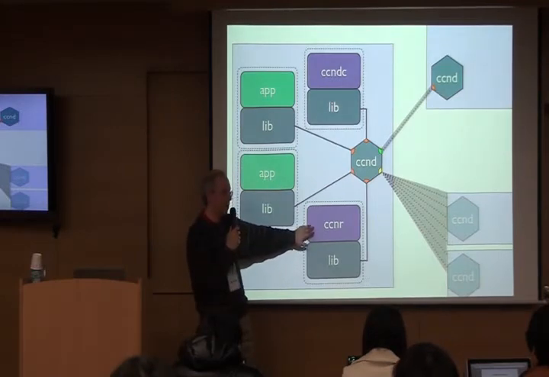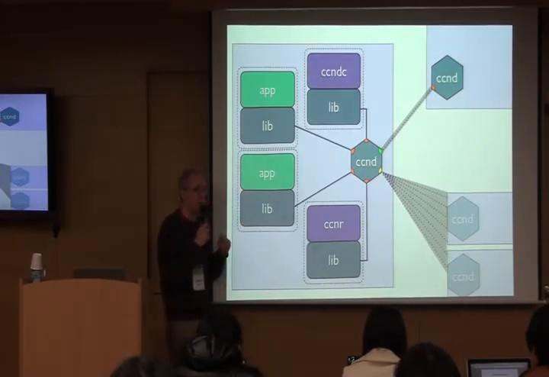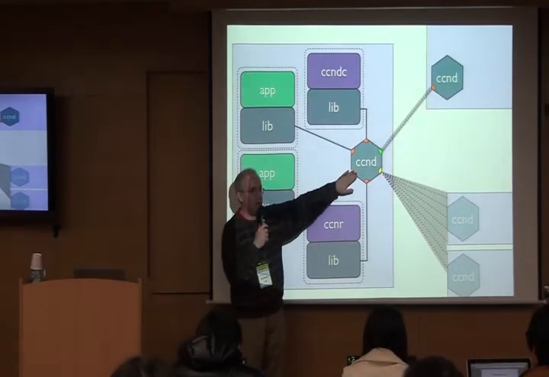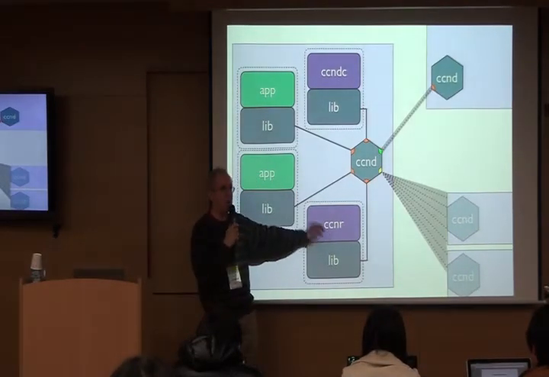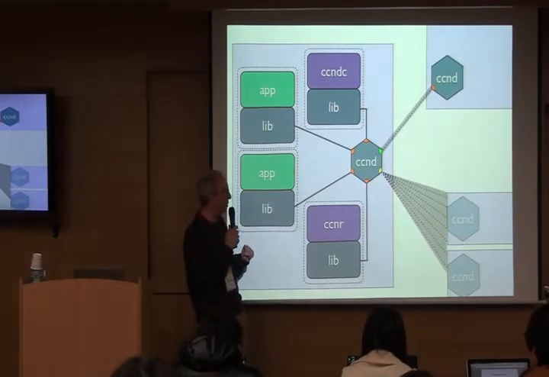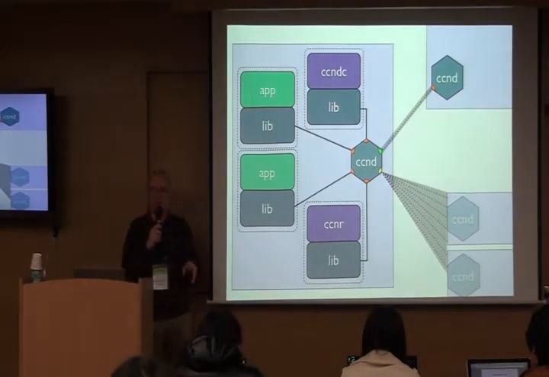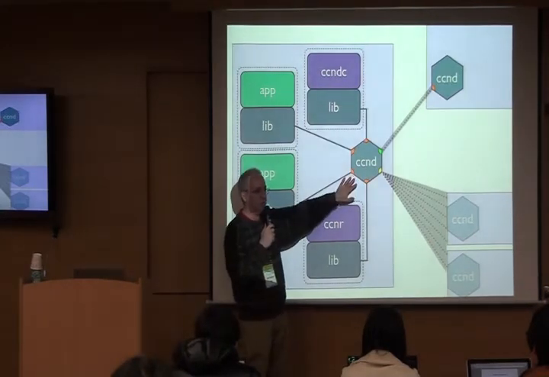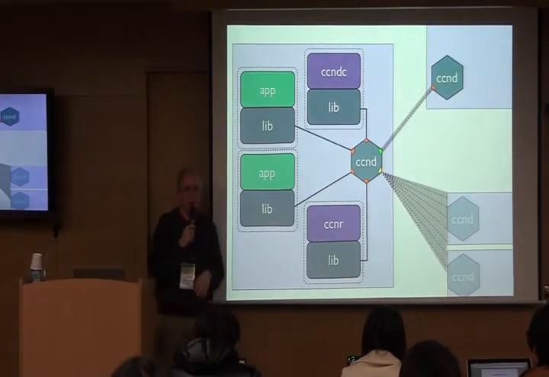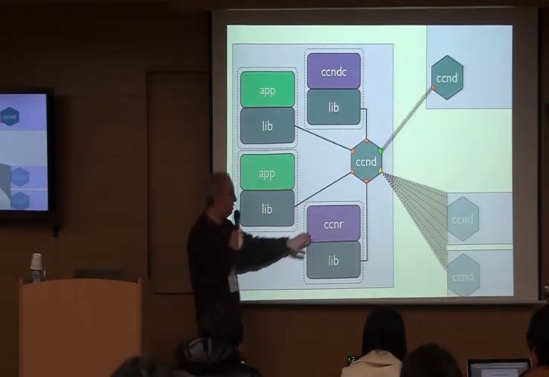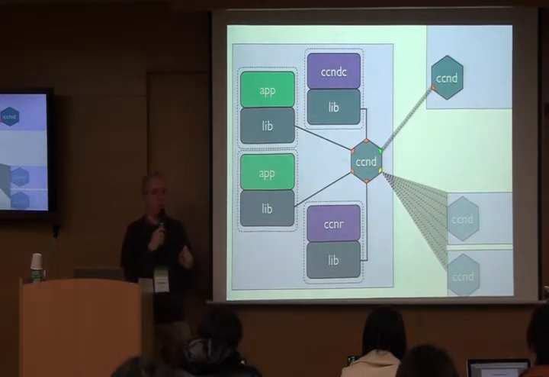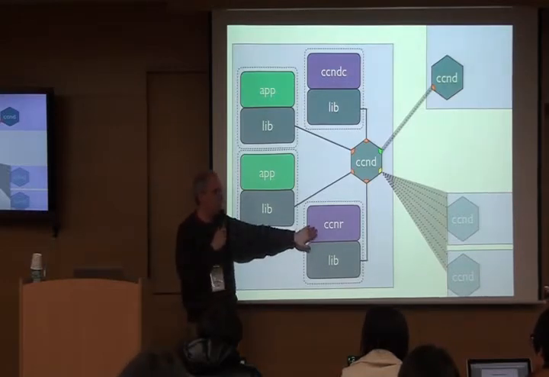Now that comes down to the first part of the question, which is about what's the difference between the content store I talked about here and what CCNR, a repository, does. And the difference is that the content store in CCND functions just as a cache. It's transient memory. If the node restarts, if you restart the CCND, whatever information you had there is gone. In contrast, the CCNR and the idea of a repository, as we have used the name in the CCNx software, is that a repository keeps data packets persistently in stable storage.